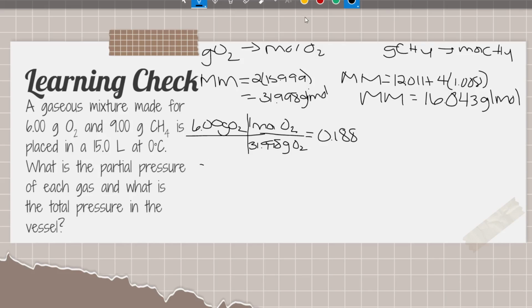So when we look at PV equals nRT, we're going to divide this by V. So P is going to equal nRT over V. And so our n is going to be 0.188 times 0.08206.